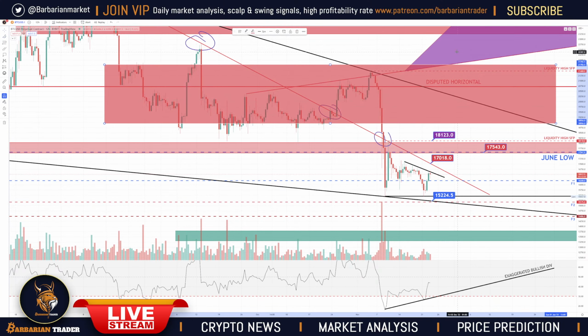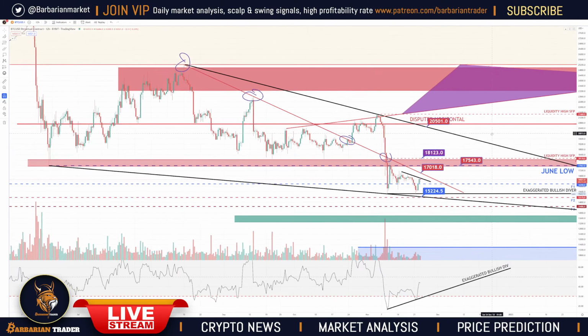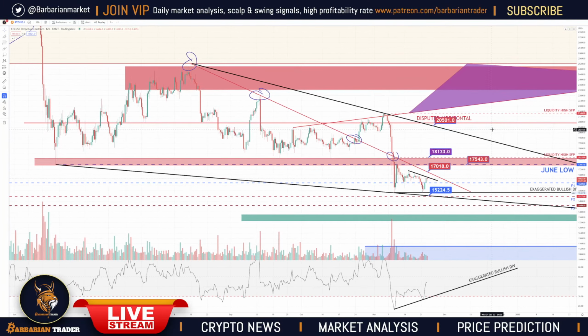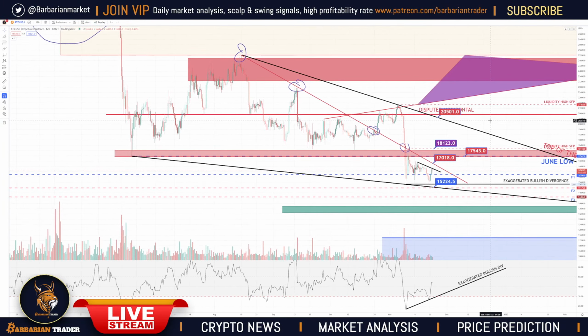Probably it will give a bounce. It will not give a bounce the first time, it will be just a fake break, and I think it will go back. I don't think it will go too far, and I will show you why. We have so many bearish confirmations on the macro level, and we have a lot of bag holders.